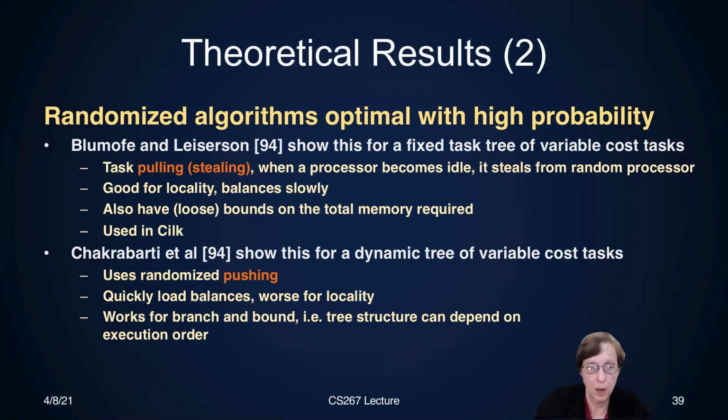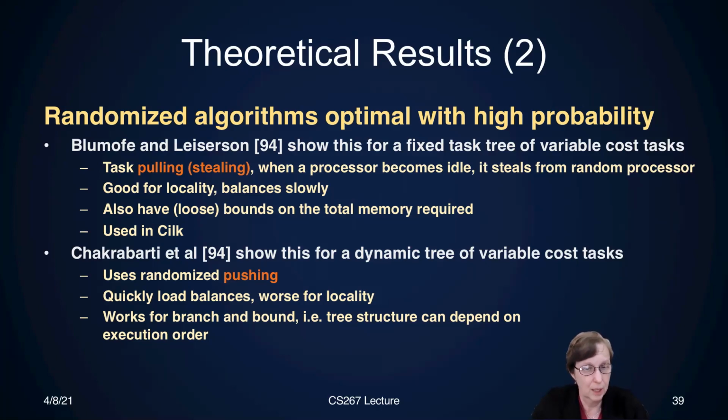So if you've got a large machine and you start out with a single node at the root of your tree, and let's say you've got 128 processors, 127 of them are all randomly trying to steal to find the one processor that has some work, or maybe a few processors if you've gotten a certain way through the computation that has then been spread out. Whereas randomized pushing, from an experimental standpoint, gives you a better load balance more quickly. But it is worse for locality.